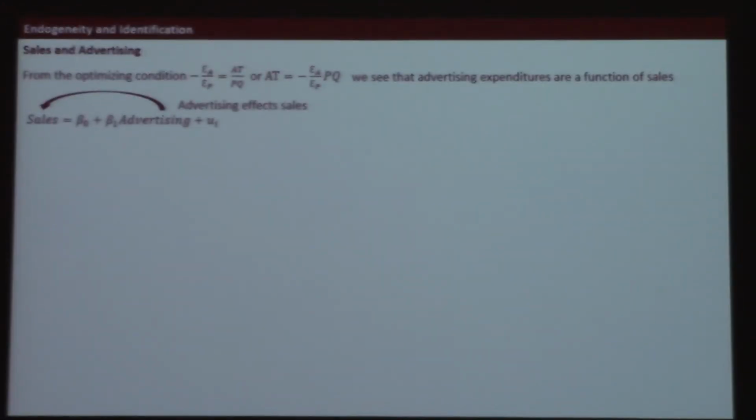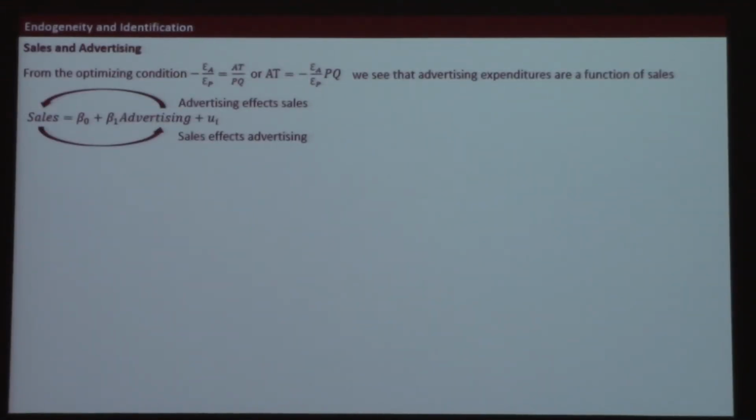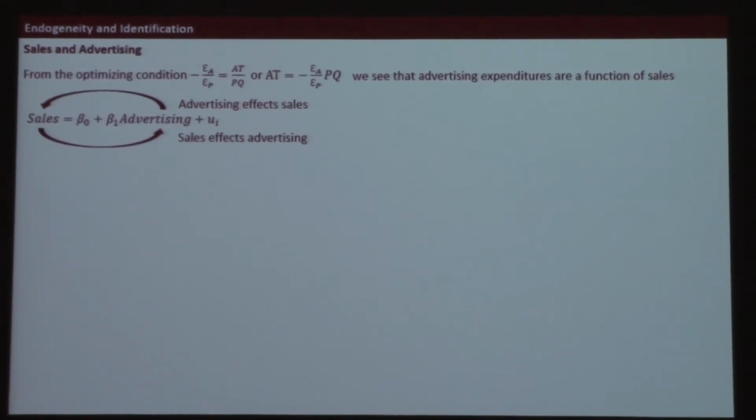As sales revenue increases, what should we do? Increase advertising, right? So it means that we have this feedback loop. The more we sell, the more we should advertise. So we had three terms up there. We had endogeneity, identification, and this is called two-way causality.